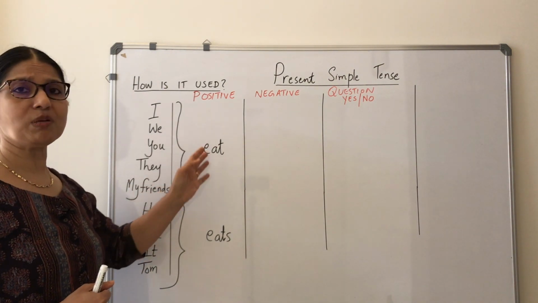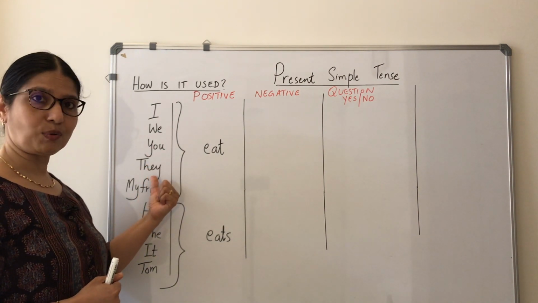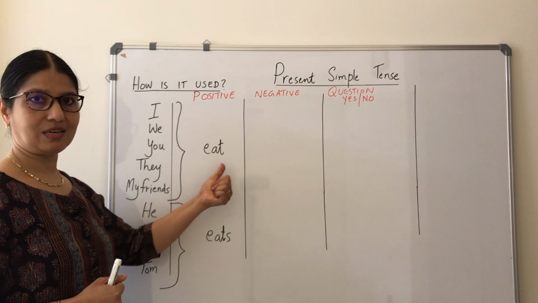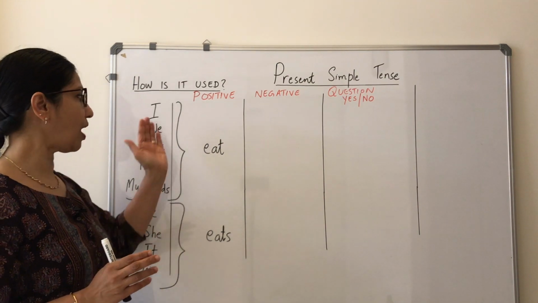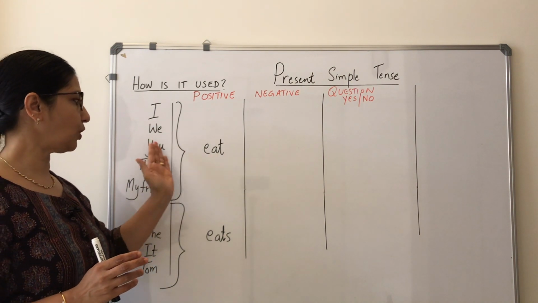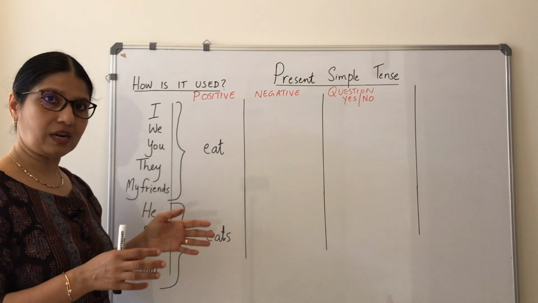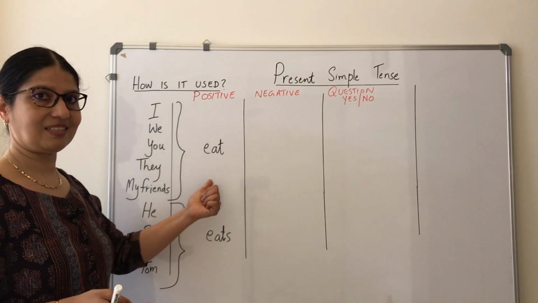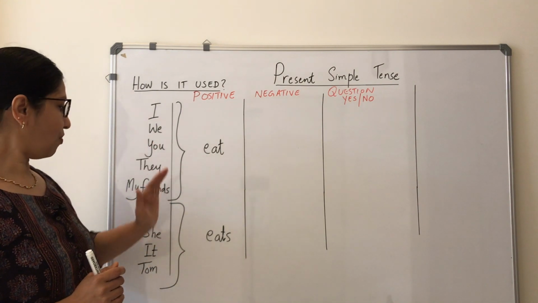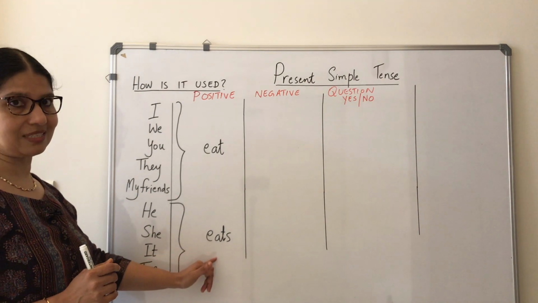So how do we form the positive sentence with I, we, you and they? We use the base form of the verb eat. So we have I eat, we eat, you eat, they eat, my friends eat, Tom and Jerry eat, and for he, she, it, we have eats.